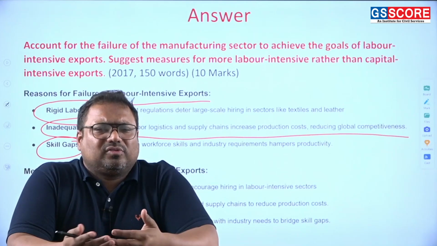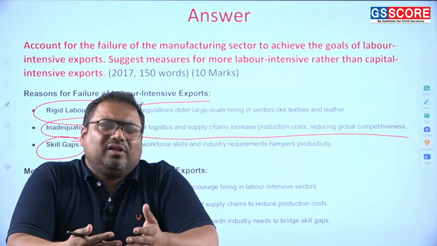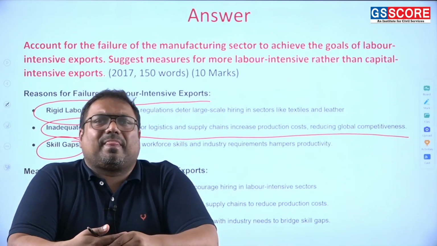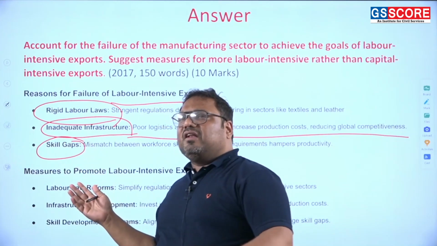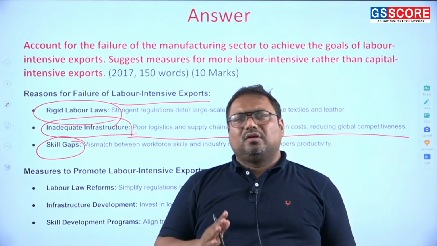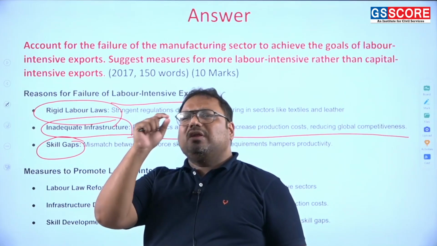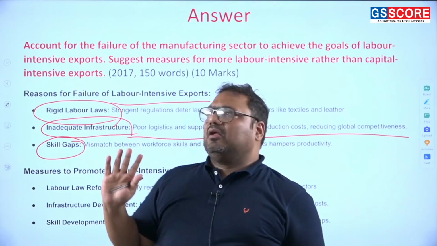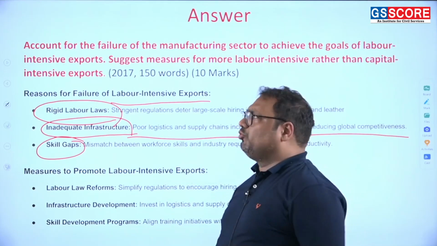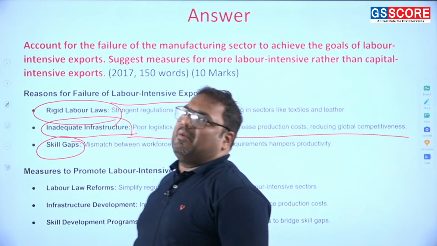These are various jobs that industries require, whereas these are not the things that we teach. A factory worker does not have to be an expert in the law of thermodynamics. They should be doing their job with finesse. That is what is required. Unfortunately, that's not what we train our students with. So there is a big skill gap also.